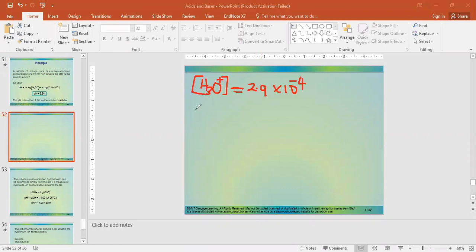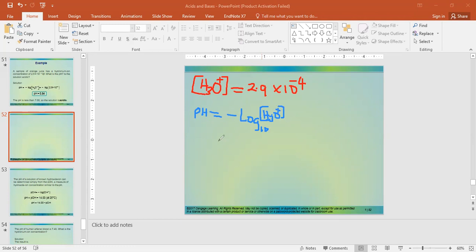Then we say pH is equal to negative log to base 10 of the concentration of what? H3O. I hope we are following.